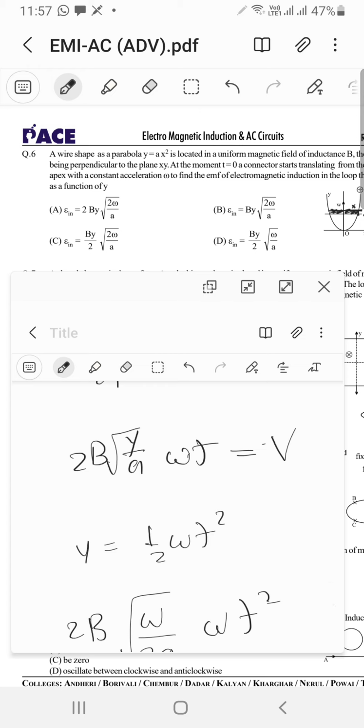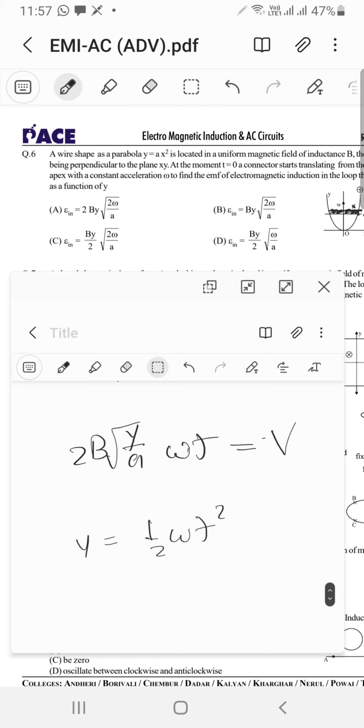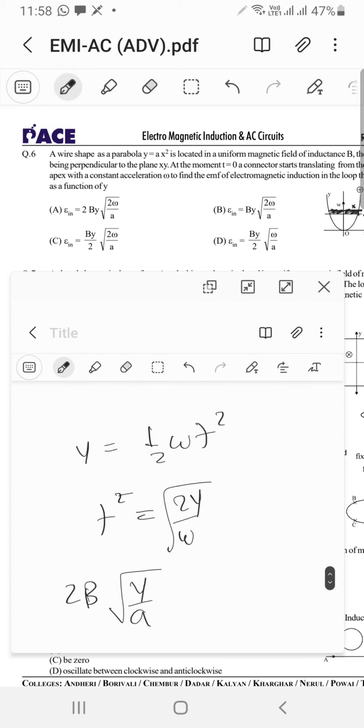And then we don't want it in terms of t, we want it in terms of y. Okay, fine. So our aim is to eliminate this t variable. So t squared equal to 2y upon omega. Just put that over there. 2B square root of y upon a omega, and then t is just this thing, square root of 2y upon omega.